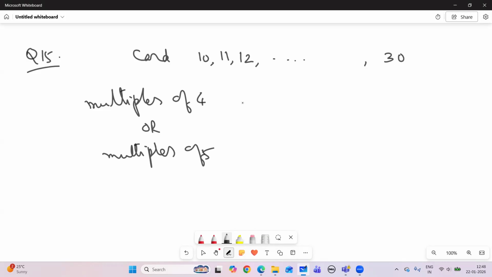So what are multiples of 4? 12, then 16, then 20, then 24, then 28. 10 is not a multiple of 4. 4 divides 12, so 12 comes here. Then comes 16, 12 plus 4, and then 20, 16 plus 4, and then 24, and then 28.